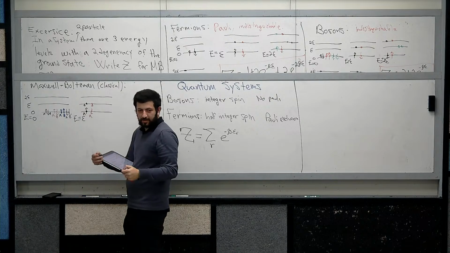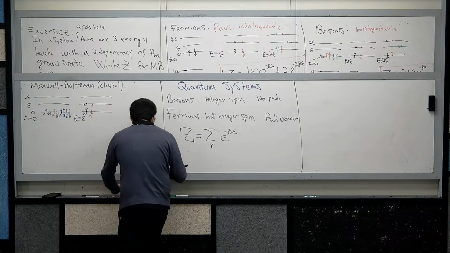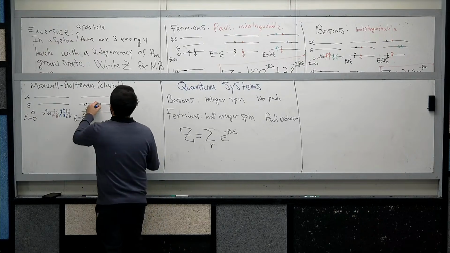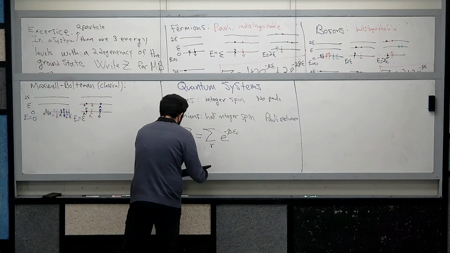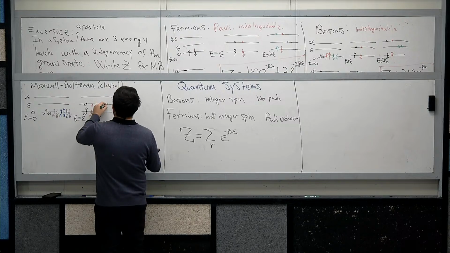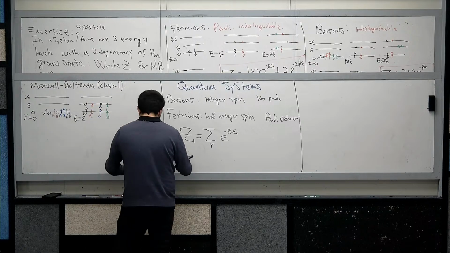Do we have anything else? We can change A and B. Perfect. So now A sits here, and B sits here. This is A. Great.